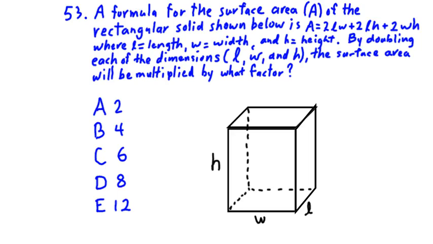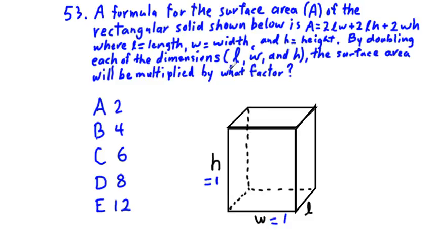Next, 53. We have a formula for surface area A of a rectangular solid, and they give the whole equation, making it a lot more complicated than it has to be. Well, you're just finding area, so if you say this left side, h, is equal to 1, then the area, WH, would be 1 times 1, or 1.